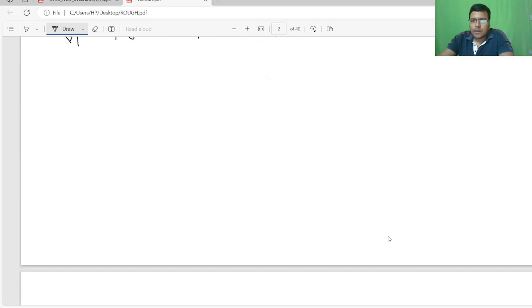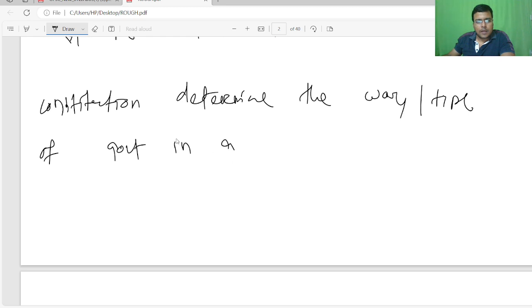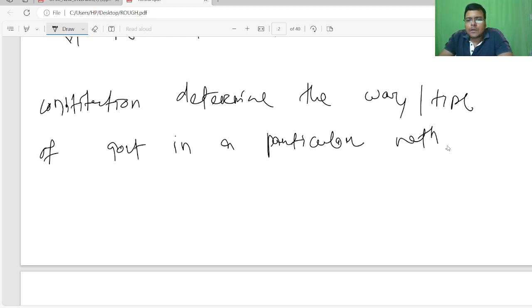And a particular form of government. For example, the Constitution determines the way, the type of government in a particular country.